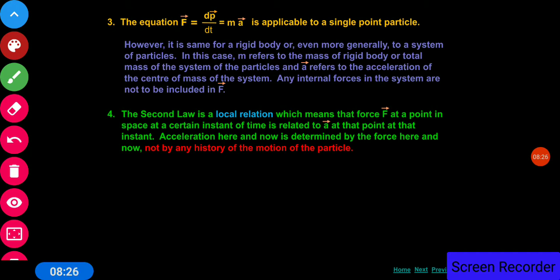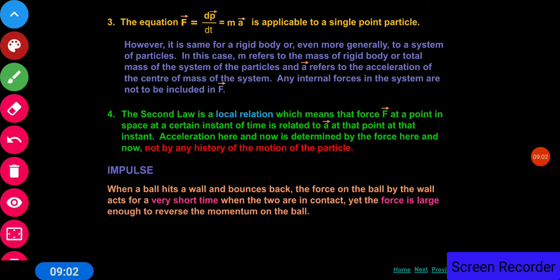If he throws the ball out from the window, then as the ball comes out, it will not have any relation to its history. Whatever acceleration was acting when it was in the car will not be taken into consideration. When it is in space, it will have only the acceleration due to gravity. So the second law is a local relation.